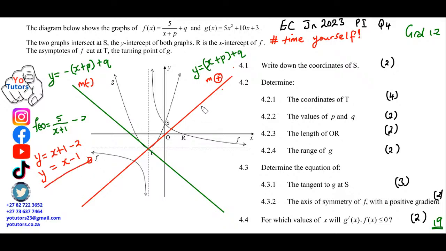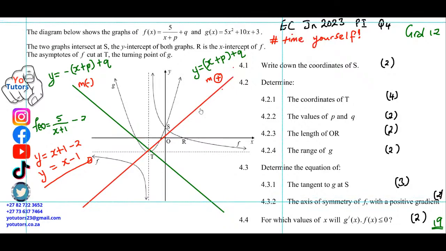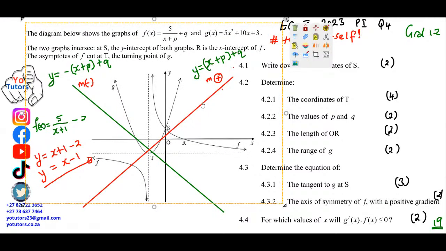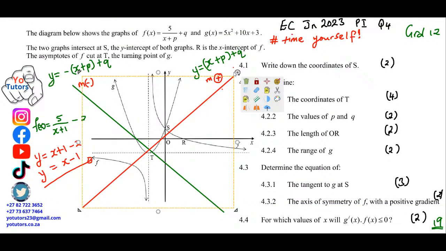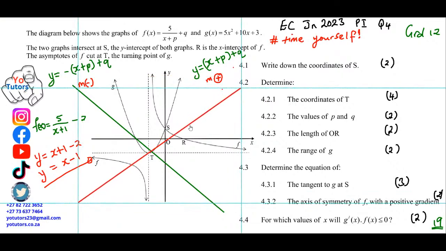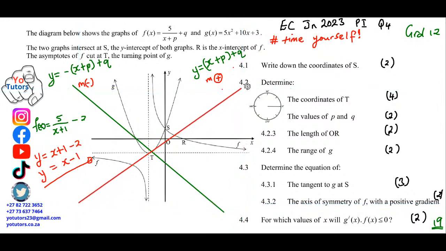Okay, I didn't draw it nicely here. Maybe what I need to do is just tilt it a bit so that it can match what they are talking about here, that it is passing at -1.